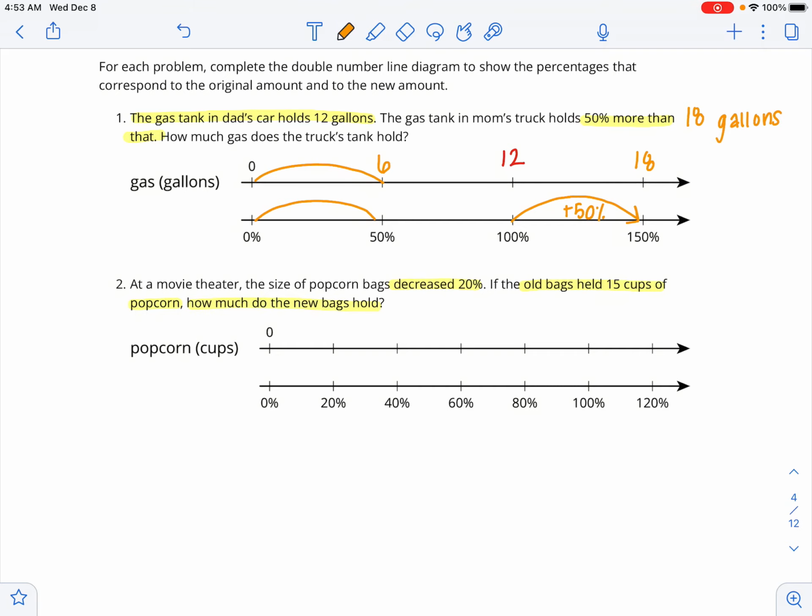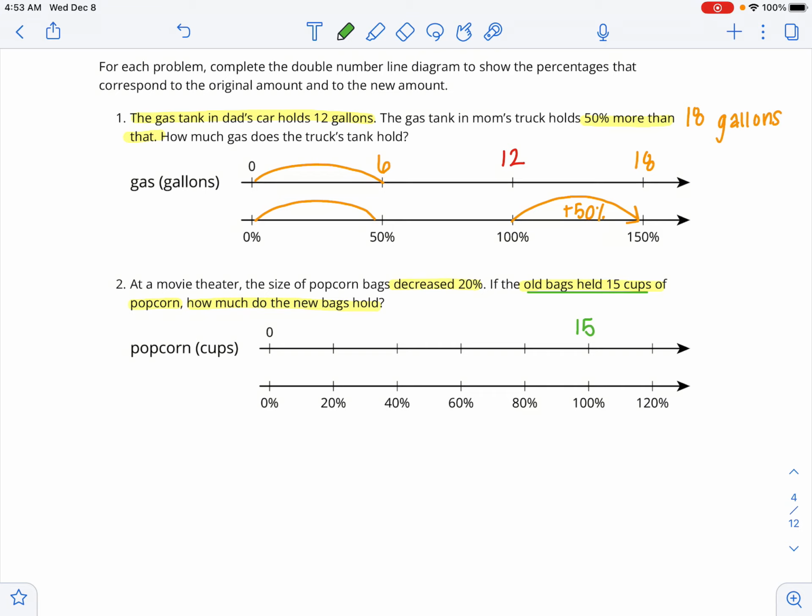I know that 100% is represented by the old bags. I know that's true because we're looking from a decrease from the old bags, which means that 100% is going to be represented by 15.